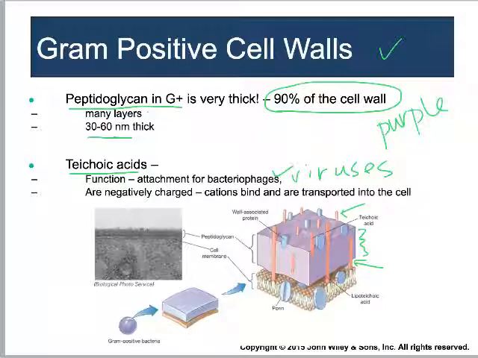But the big thing is this whole big thick layer of peptidoglycan. Here's the cell wall, and there's a little bit of space, and then this is the plasma membrane. I hope that makes sense.